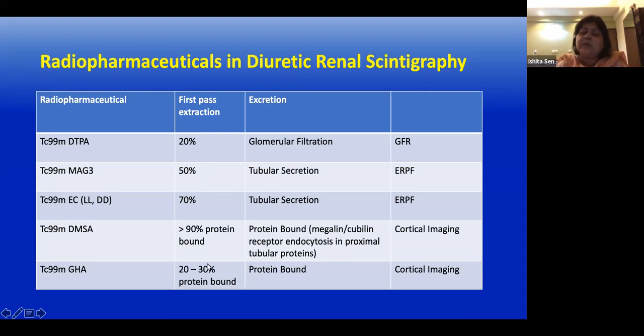So you could do a dynamic study with GHA to look at the glomerular function, and look at the delayed image to look at the morphology. While this sounds very good theoretically, practically what you had was a suboptimal glomerular agent and a suboptimal cortical agent, and hence today GHA is seldom used for renal imaging.